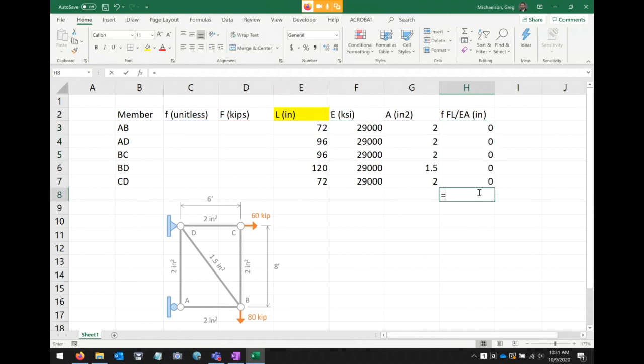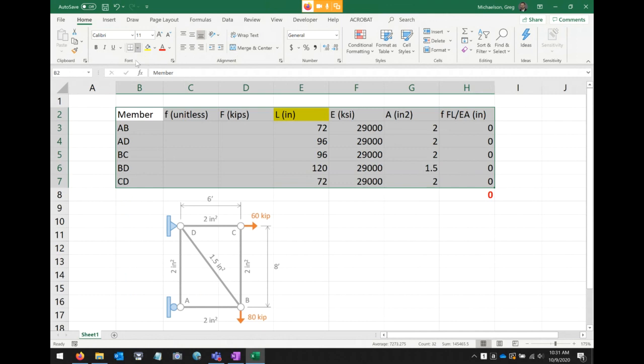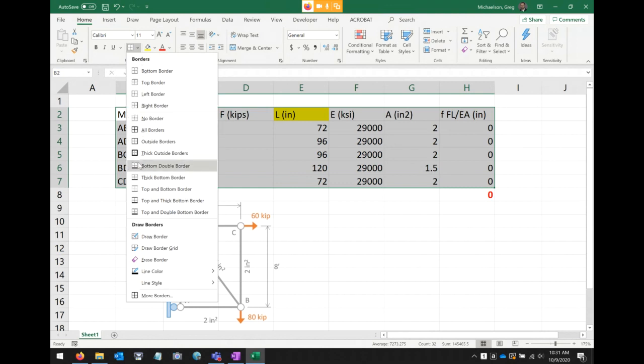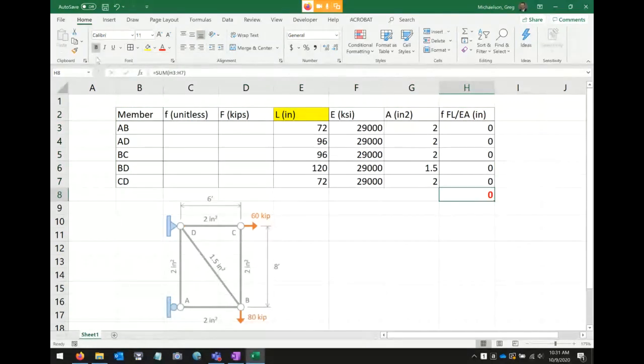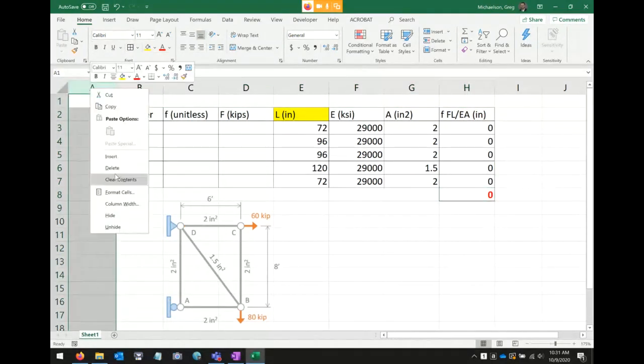Drag that down. And then this value here is going to be my deflection, whatever that is. So the table's already set up. That's the table.